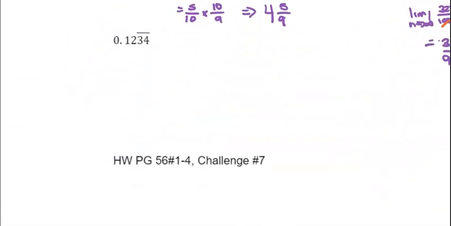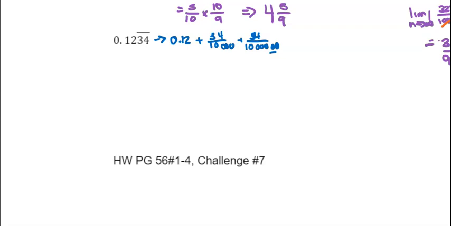Okay, let's do one more. Okay, this one I have a non-repeating part, 0.12, and then I get into the repeaters. 3, 4, and remember the place values where this is coming from. And then 3, 4.